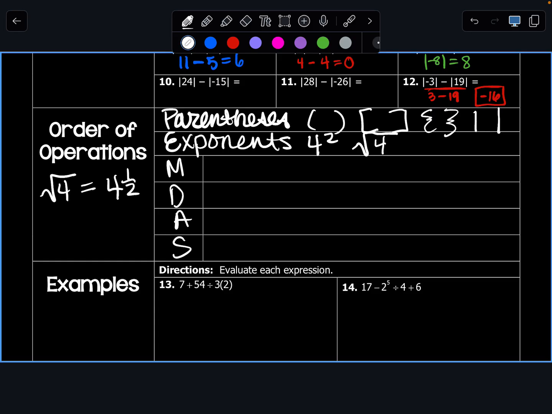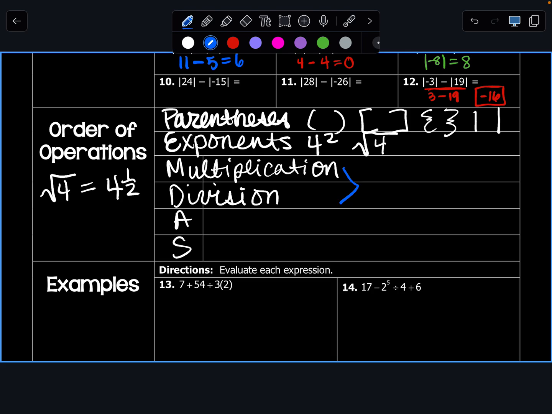All right? What does M stand for? Multiplication. D stands for? Division. Now, what's important to note about multiplication and division? Does multiplication come first? No. Anna?